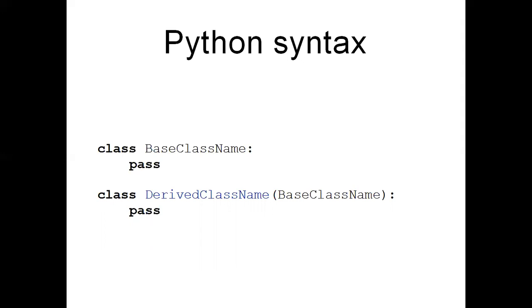Similarly, for the derived class through which we want to have the properties of the base class, the syntax is the keyword class and the name of the class. The child which is inheriting the properties from the base class is written here.